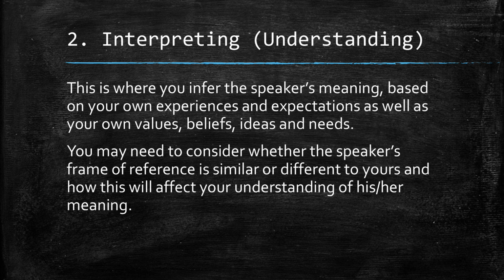After we hear the message, after the message goes through our ears, now our brain tries to make sense of it. We try to infer or deduce the meaning of what is being heard. So this can be, for example, comparing and contrasting with previous information, previous experiences and expectations, as well as those set forth by our culture, for example values, beliefs, ideas, and needs, because the same message can have different interpretations based on different cultures.